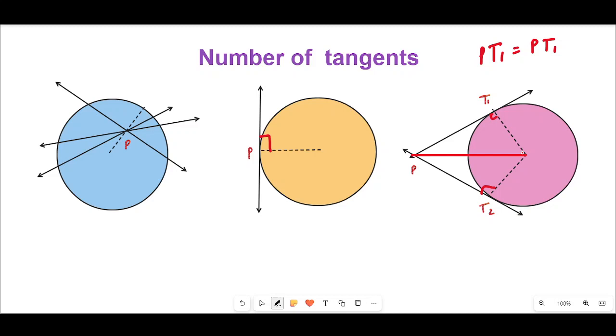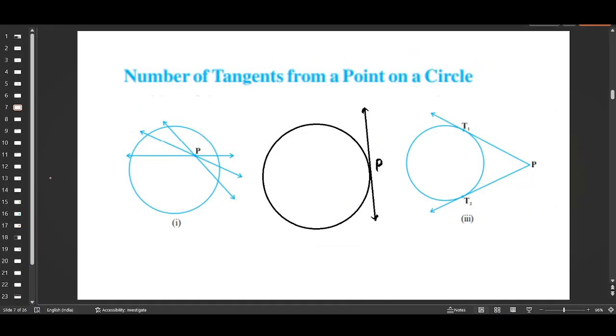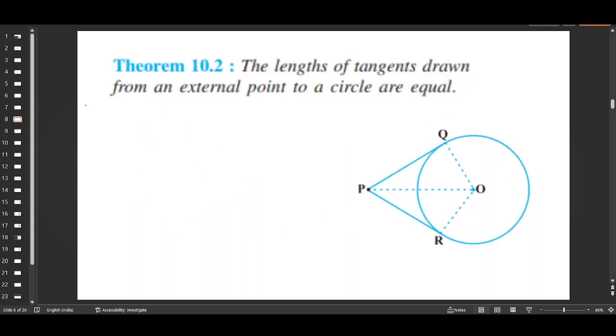Now come to the second theorem. The lengths of tangents drawn from an external point to a circle are equal. Can you prove this? First, whatever we speak, you should write as well. Because in the exam, you should write in an appropriate manner.